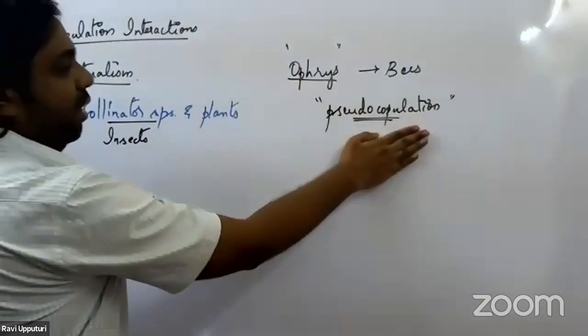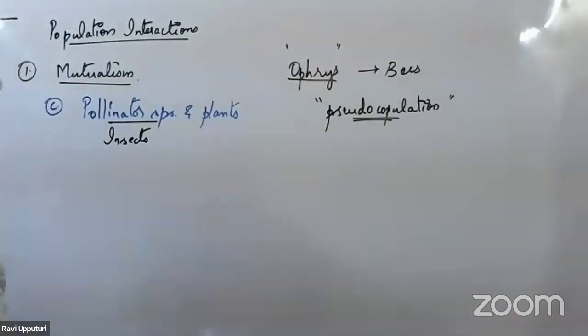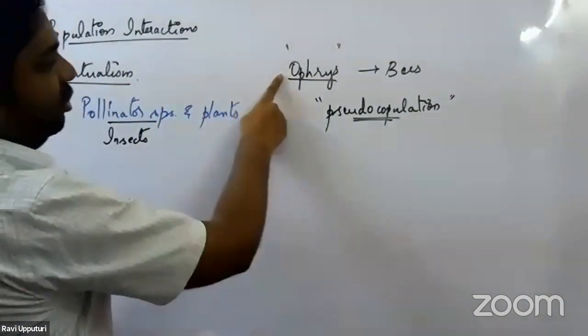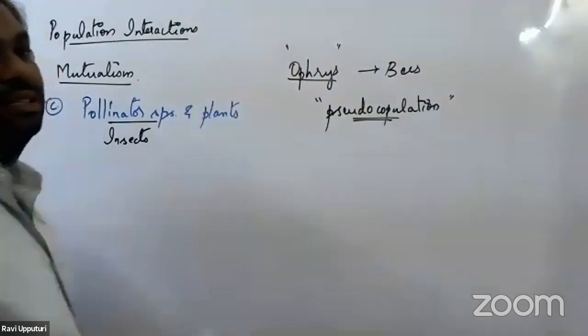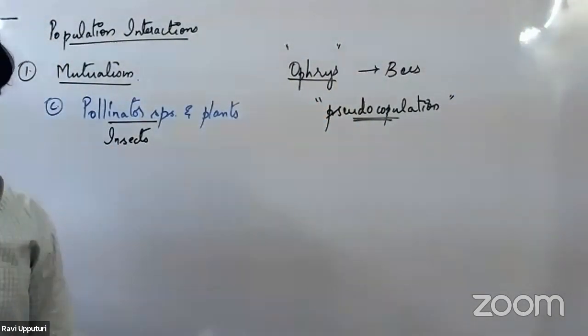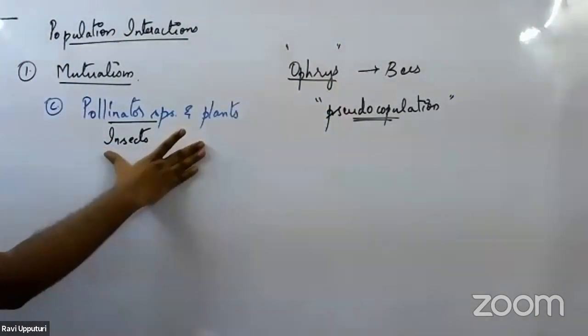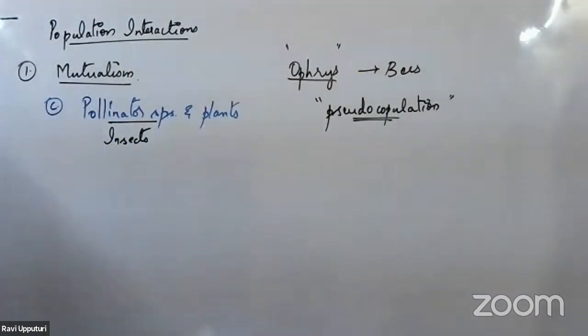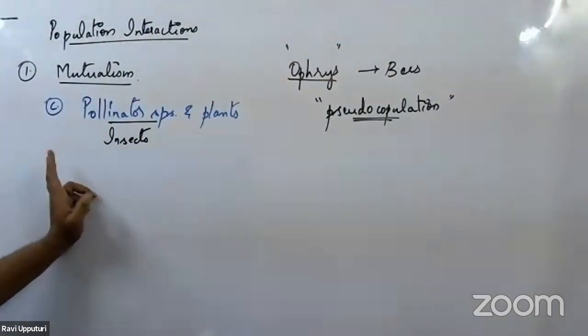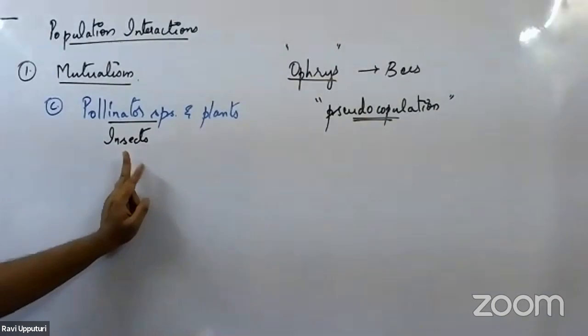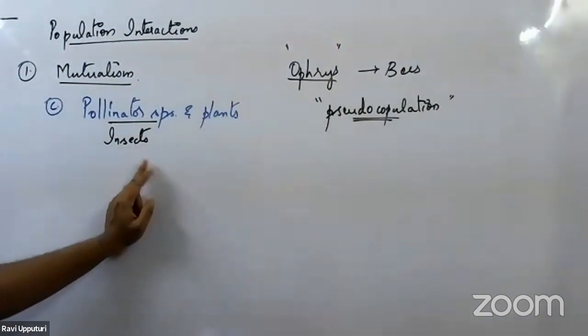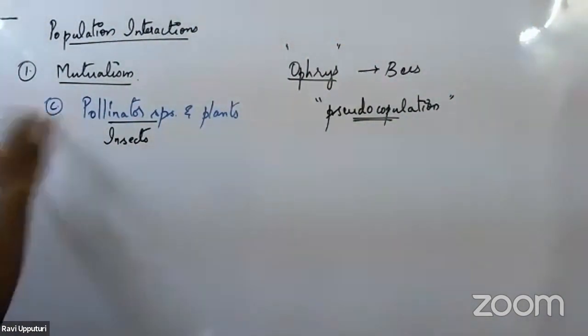So here we call that process pseudo-copulation, shown in the interaction between the Ophrys orchid as well as the bees, which act as pollinator species. So this is again one more example we can take from mutualism. Again, remember, this type of interaction is said to be a temporary interaction and not a permanent interaction. So this is what we have with the third type of interaction.